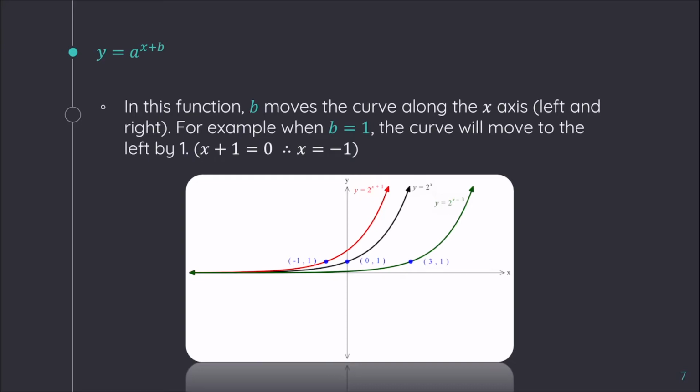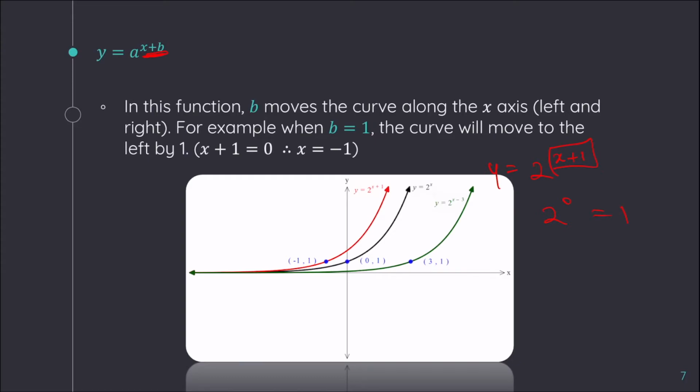Alright, now y equals a to the power of x plus b. Now this is kind of like phasing when we did it in trigonometry, how we slide the graph left to right. So essentially, let's say we have 2 to the power of x plus 1. We know that when 2 to the power of 0, y equals 1.